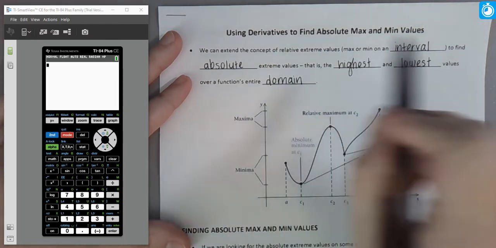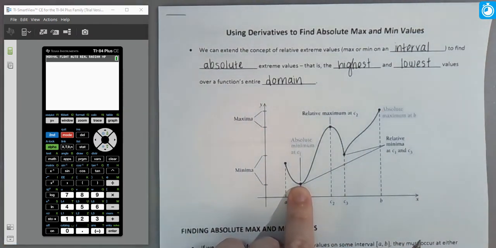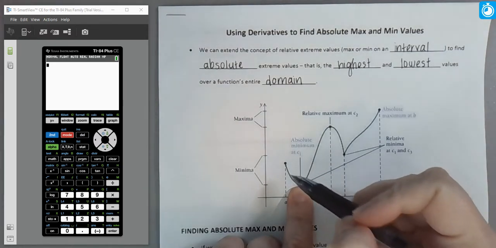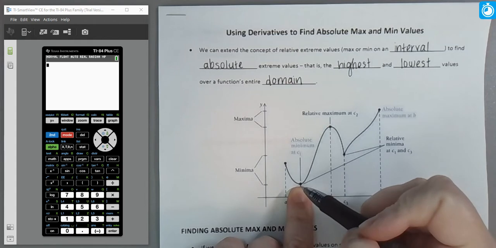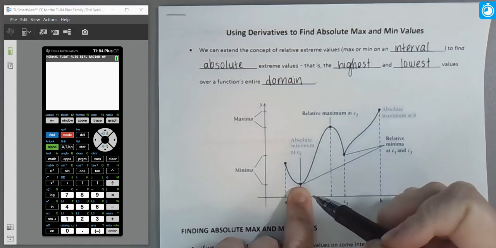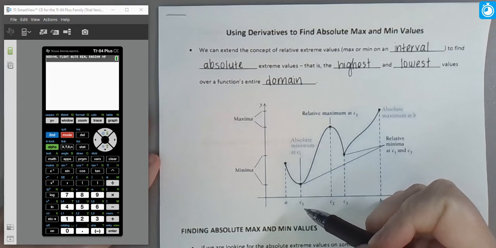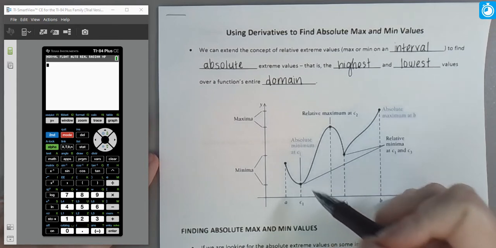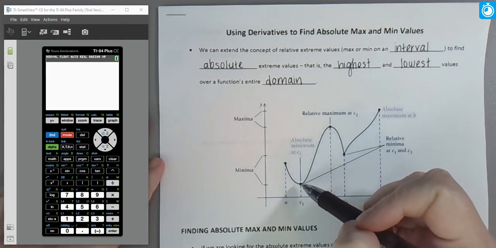But notice on a graph like this, for instance, this would be the absolute lowest point. And notice, based on the fact that it's at the valley of that particular curve, if we want to call it that, this particular x value, this location, would be associated with a critical value. In other words, we could find this location just using the first or second derivative test.